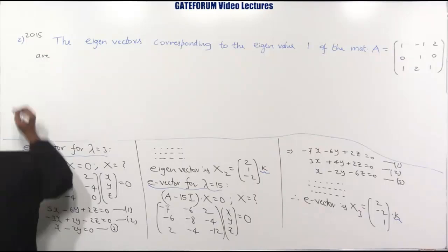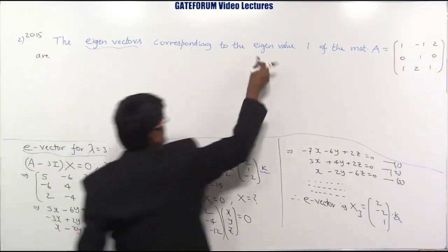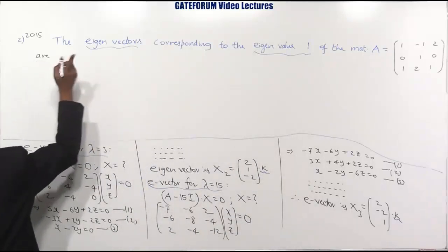So from here you observe, note the point: eigenvectors for the single eigenvalue 1, that's why they are asking R, it's not is.